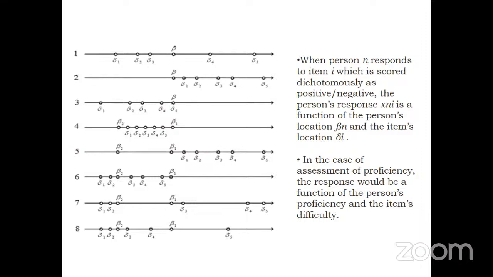So the location of beta indicates the location of the person on the continuum, and delta 1, delta 2, delta 3, delta 4, and delta 5 indicate the location of 5 items on the continuum. Right? Can anyone tell me how many items this person can get correct in this first example out of these 5 items? How many can he or she get correct?